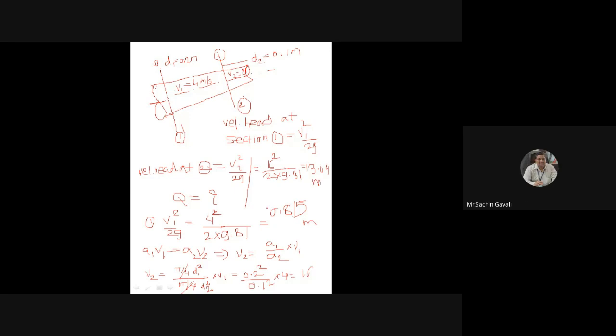Let it be. So for the first answer, V1 square upon 2G is coming as 0.81 and V2 square upon 2G is coming as 13.04.